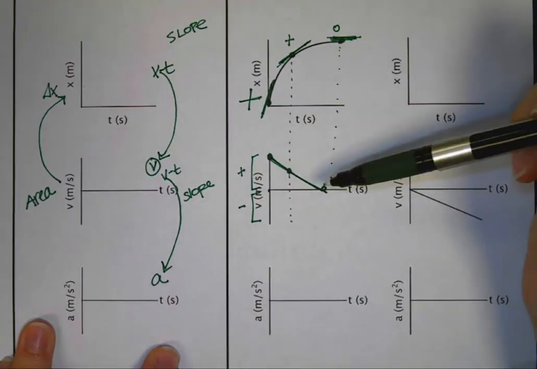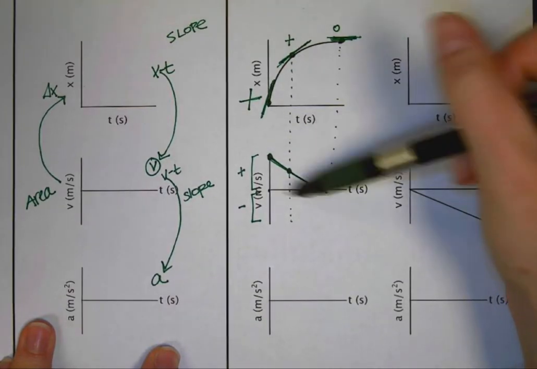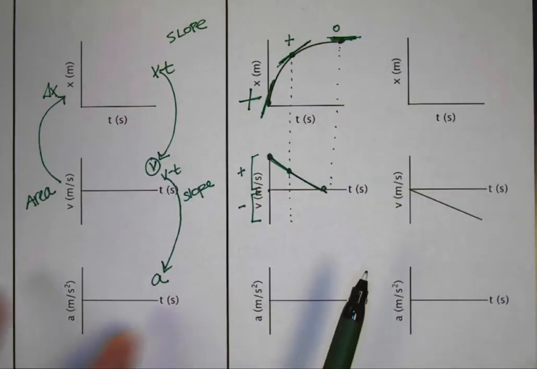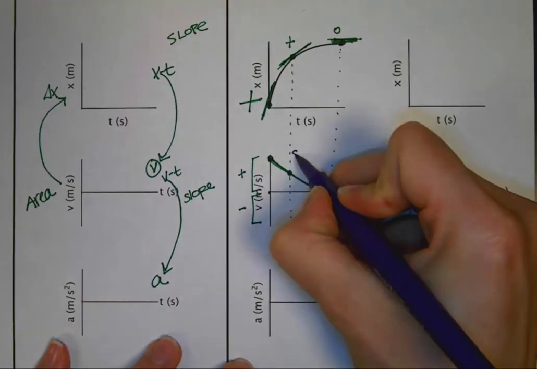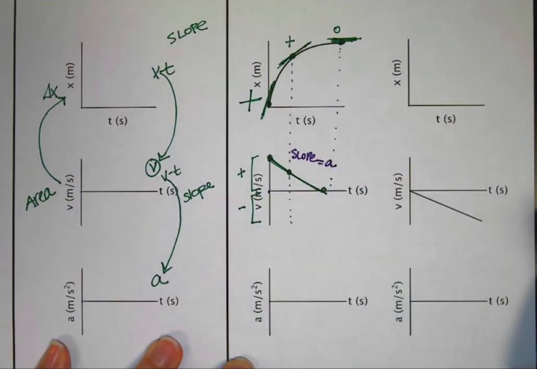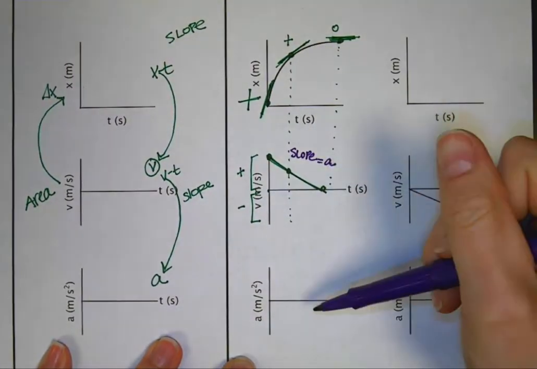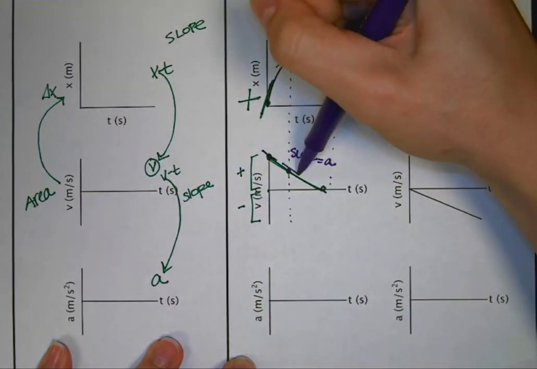Now, don't be confused and don't say to yourself, this has a negative velocity just because you see the slope is negative. You have to remember that slope on a velocity time graph is equal to acceleration. So if we are now plotting an acceleration time graph, you can say, well, let me take the slope at each point.